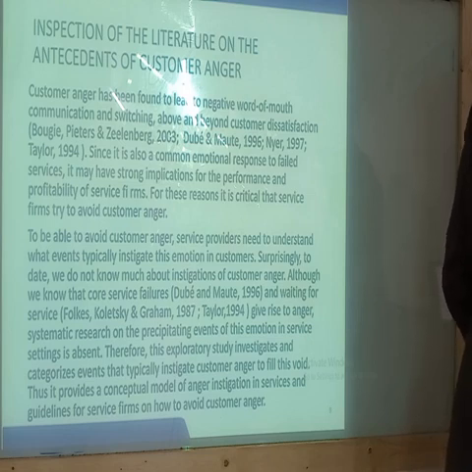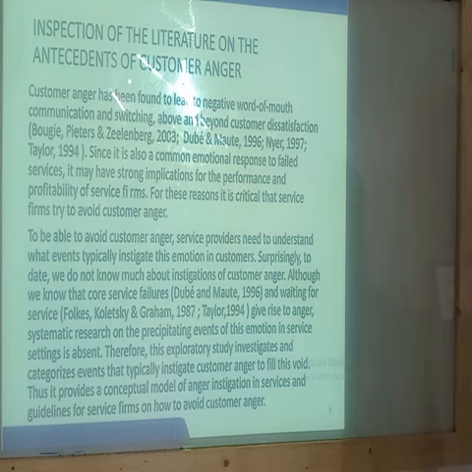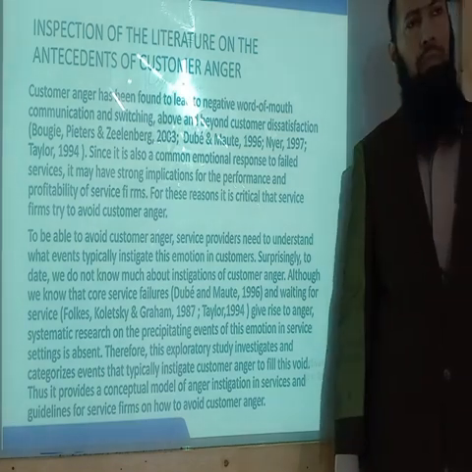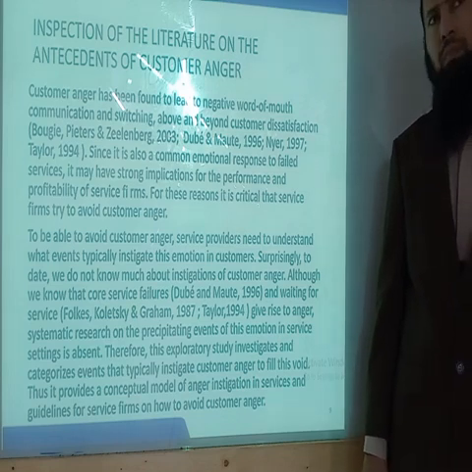Although we know that core service failures, Dube and Morgan 1996, and waiting for service, Folkes, Koletsky, and Graham 1987, Taylor 1994, give rise to anger, systematic research on the precipitating events of this emotion in service settings is absent. Therefore, this exploratory study investigates and categorizes events that typically instigate customer anger to fill this void. Thus, it provides a conceptual model of anger instigation in service and guidelines for service firms on how to avoid customer anger.